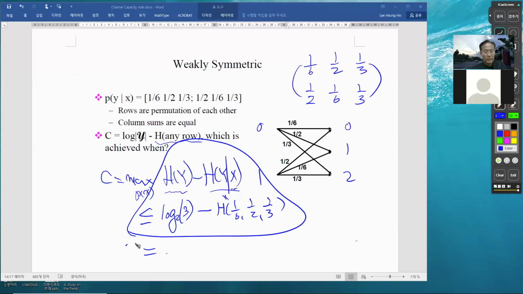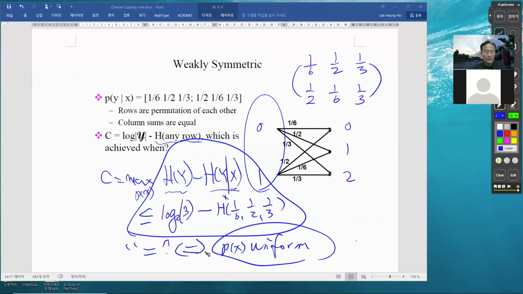Can the equality be achieved? If so, what is the input distribution? Again using the symmetry, we can use a uniform input distribution, and then we can show that this will achieve the equality.